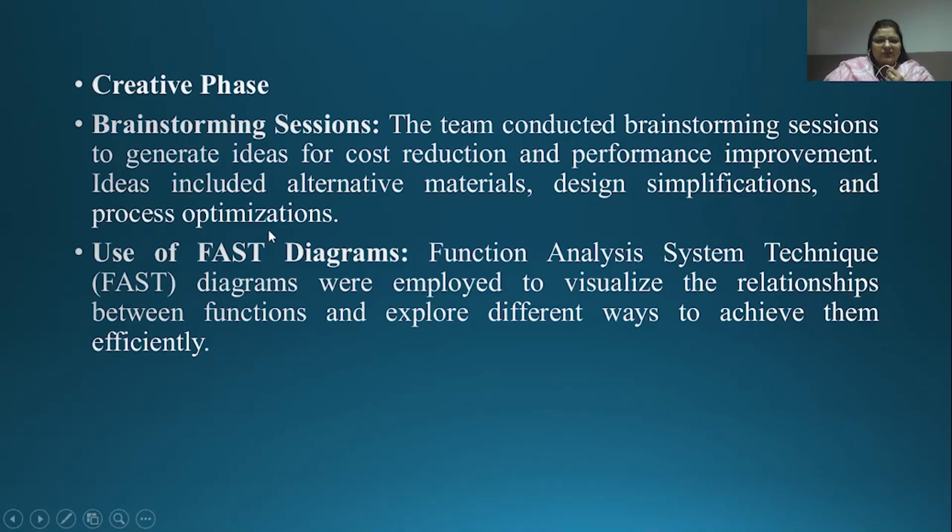Use of FAST diagrams. Here they used Functional Analysis System Technique diagrams to visualize the relationship between functions and explore different ways to achieve them efficiently. Through the diagram, they decided what kinds of functions this car is going to perform and how to do them as fast as possible.